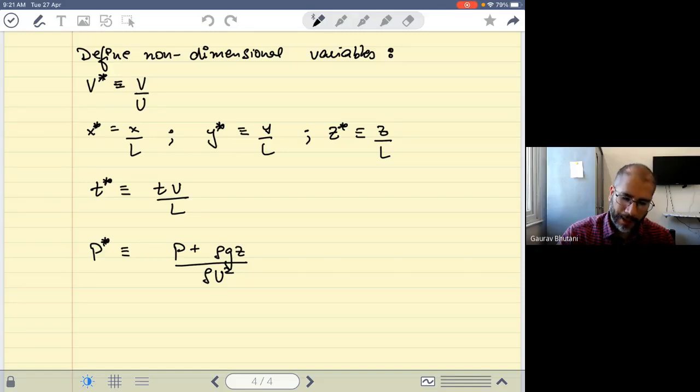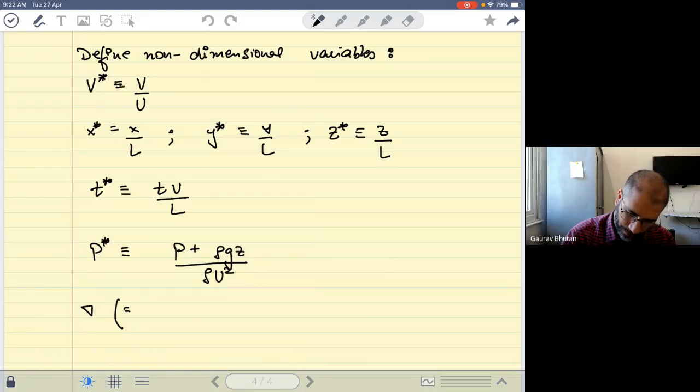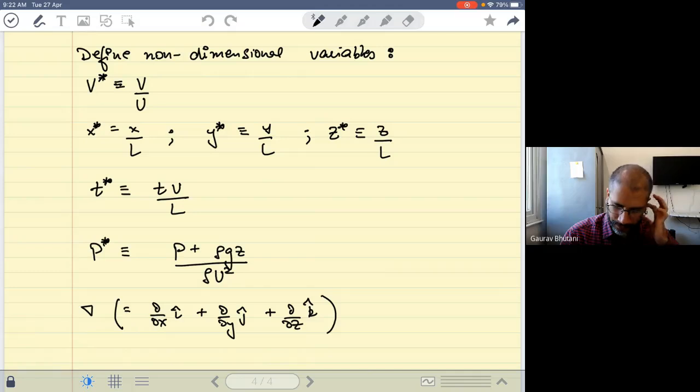We also have partial derivatives in our equation. They contain a dimension as well, so we have to be able to non-dimensionalize the partial derivatives. Let's see what we do. We have this gradient, which was del by del x i plus del by del y j plus del by del z k. You can see that it has a dimension of 1 by length. So all you have to do is multiply this by a length.